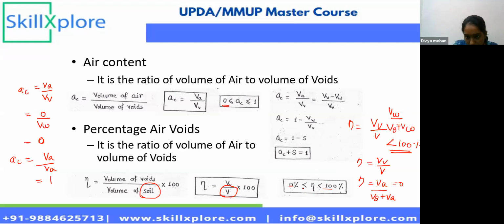So it can take 0%, but it will not take 100%, because if you are taking a dry condition, VS will be there. So please take note, it can take a value of 0%.